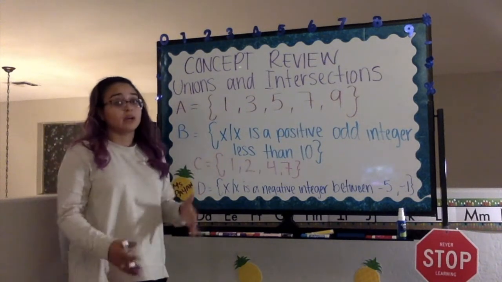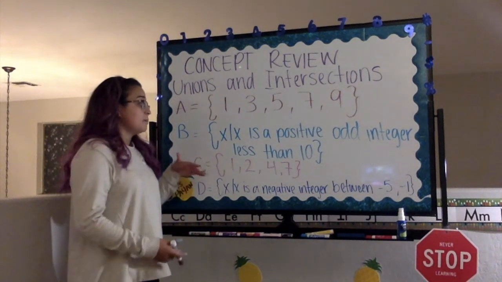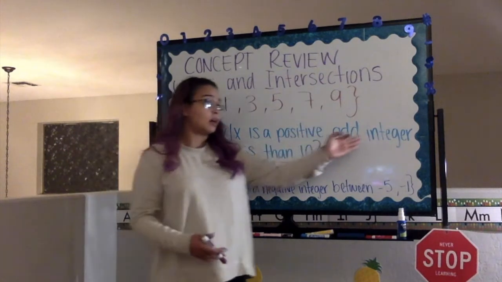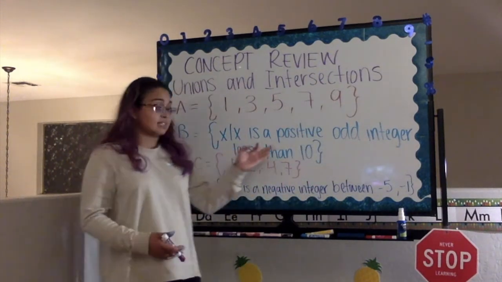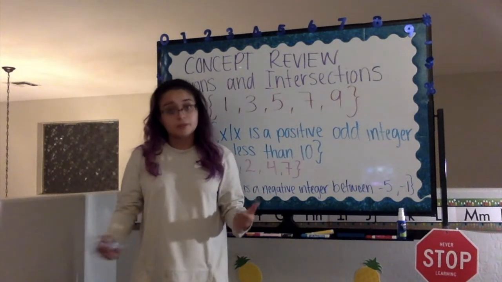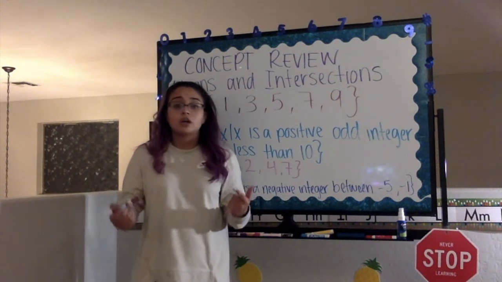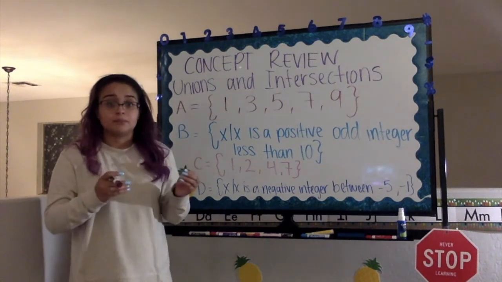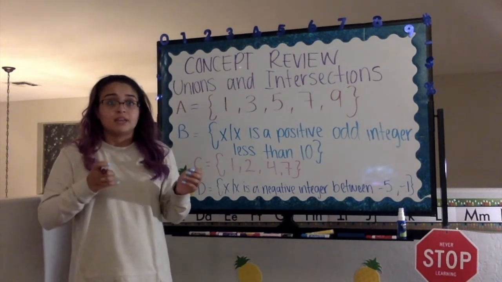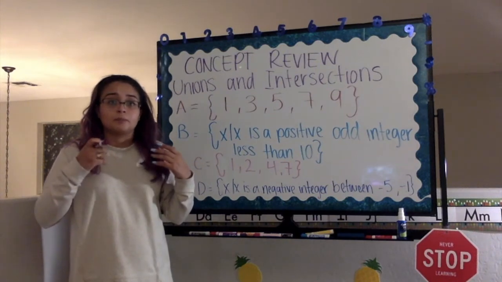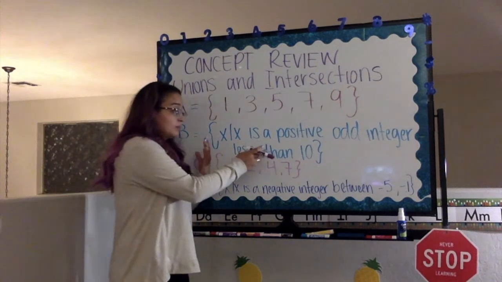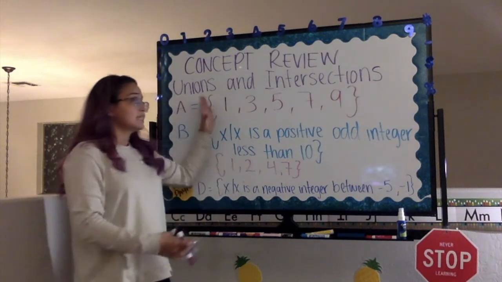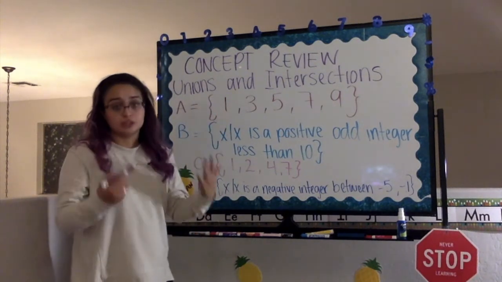Set B, we're asking for a description of a positive odd integer less than 10. Now remember, unions are the sets of numbers that are the same. For example, this description fits perfectly with this set of numbers. That will make it a union.